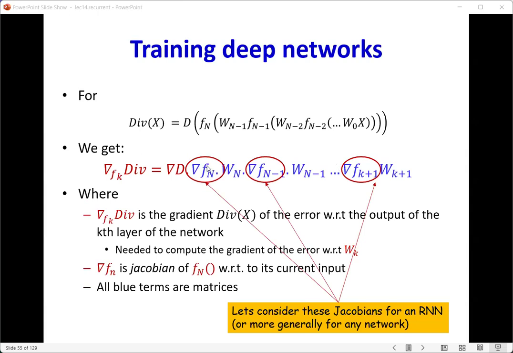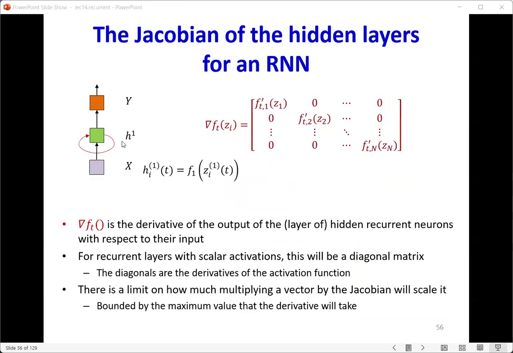Now, for any layer, the Jacobian is typically just a vector of activation functions, independent activation functions, right? And so we saw that, regardless of whether it's a recurrent network or any other kind of network, the Jacobian of the activation, because each neuron is working locally, was a diagonal matrix, except for the final output layer, or if you have a softmax where you had a full matrix.